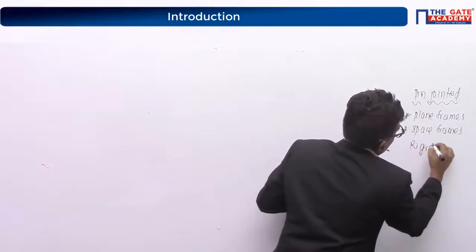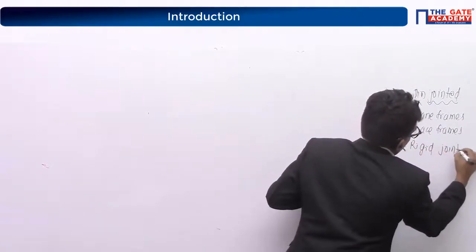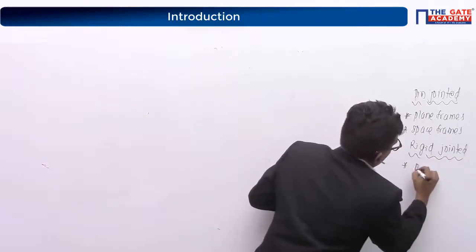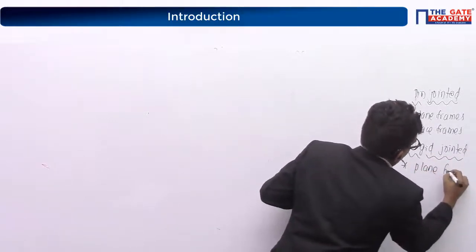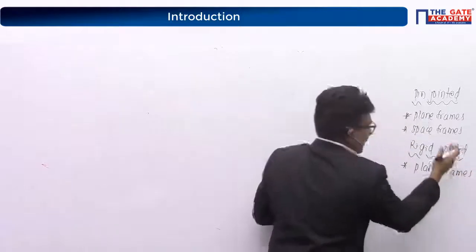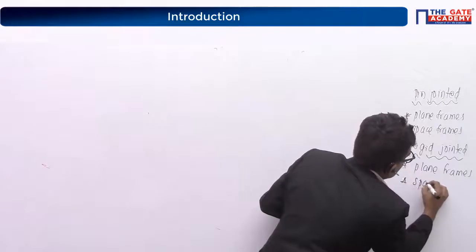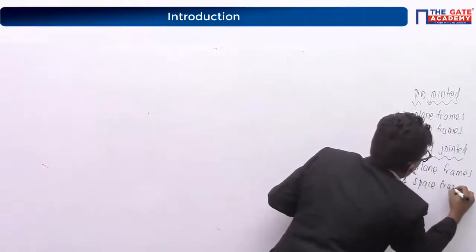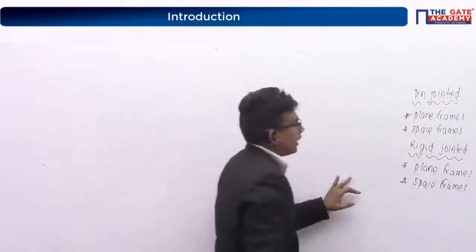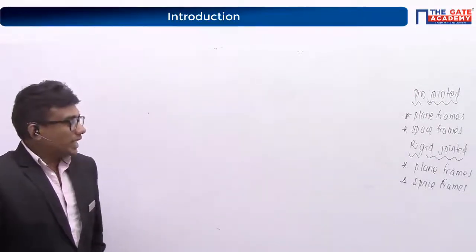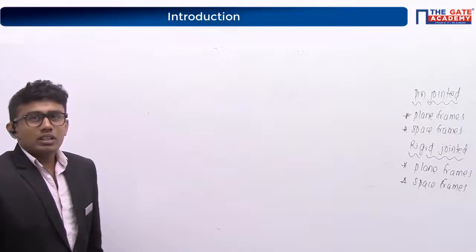The rigid jointed structures will be classified like plane frames, that is rigid jointed plane frames, and our rigid jointed space frames. Okay, let it be there. You will understand the importance of that.